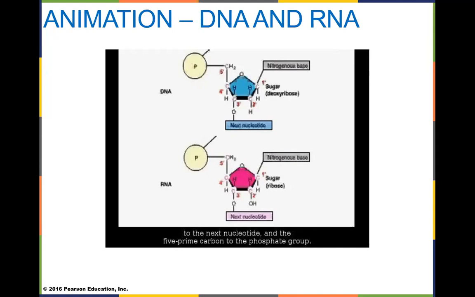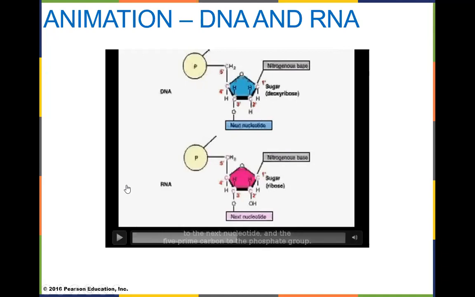They're essentially the outside of the chain of the double helix or the individual strand. So they're running down the outside of the double helix, or just the middle of the strand for the RNA. It's the nitrogenous base that sticks off to the side in here.